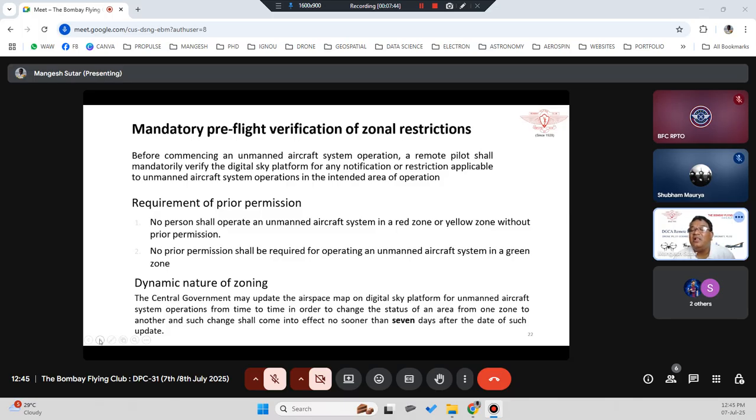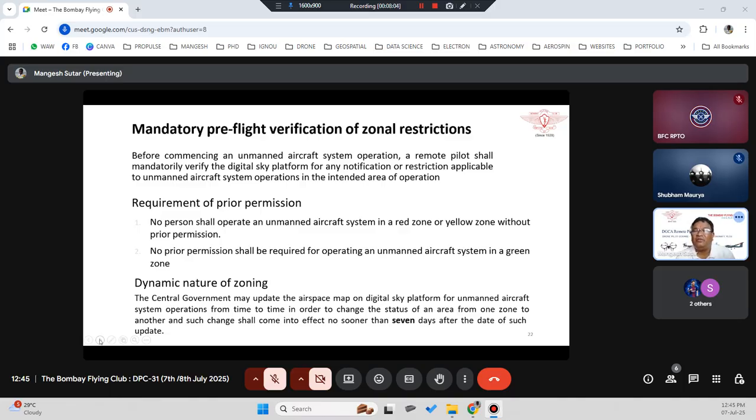For example, during the war with Pakistan in the month of May, Mumbai was completely under the red zone, so flying of drones was completely stopped and restricted.